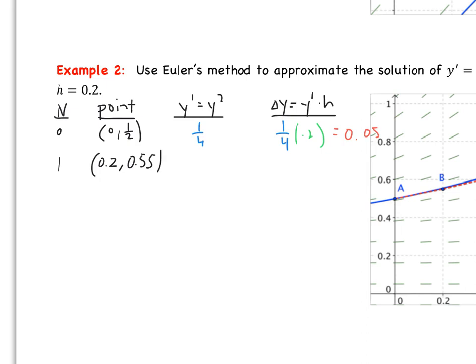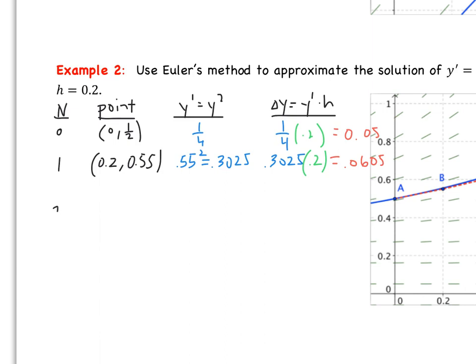Now to get our y prime for the next one, we take 0.55 and square it, and we get 0.3025. 0.3025 times our 0.2 is going to get us 0.0605, and now we can figure out our next point.